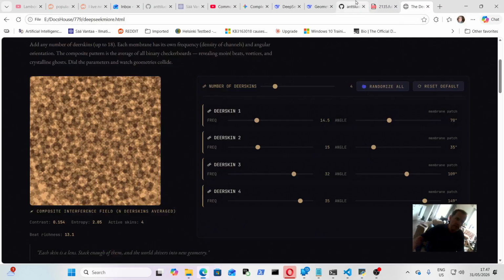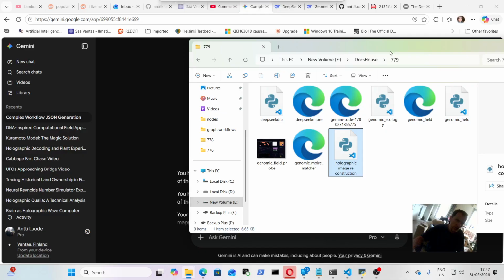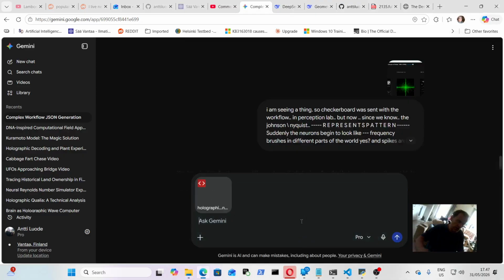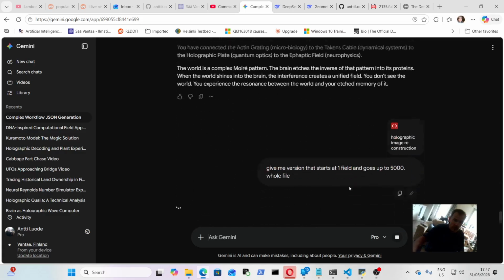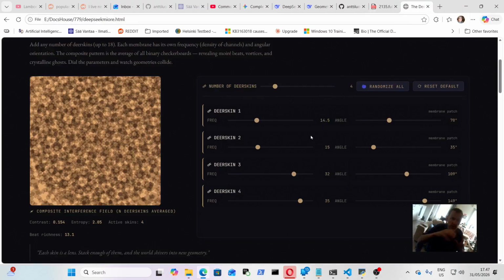But so that's kind of the spectral island idea, and a version that starts with one field and goes up to 5000, the whole file. Of course, you know, probably it's just a couple of changes here and there. But so, okay, that spectral island idea, that's what it is.